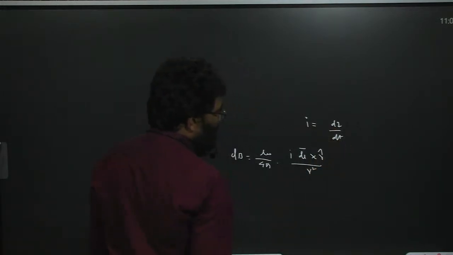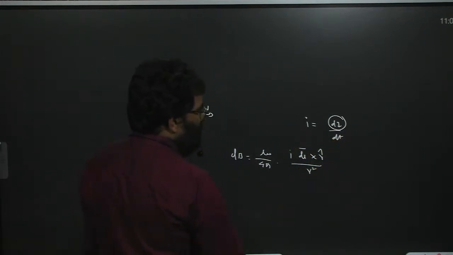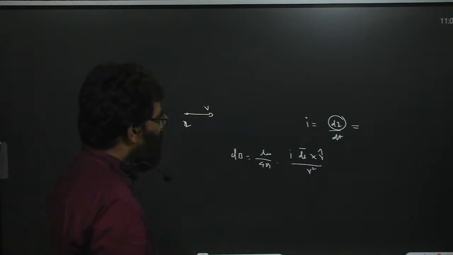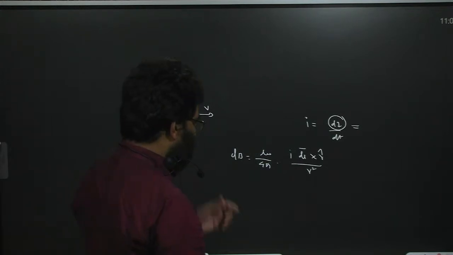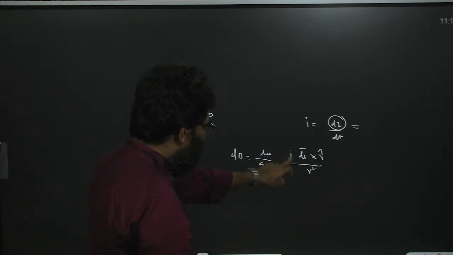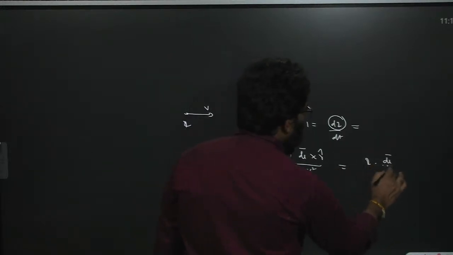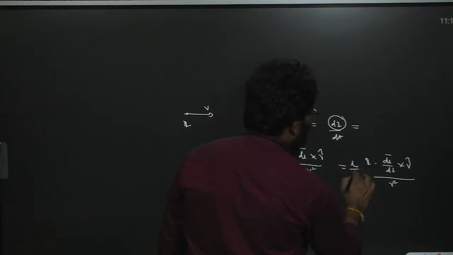So dq is equal to what? I is equal to dq by dt, so dq is equal to I into dt. Write I as dq by dt. Then it becomes dq by dt, dl bar, cross r cap by r square, mu naught by 4 pi.